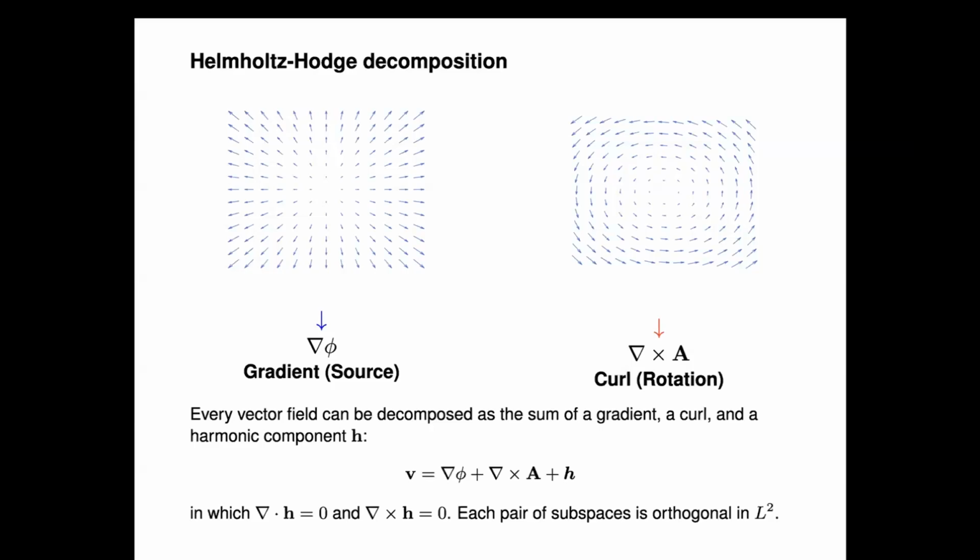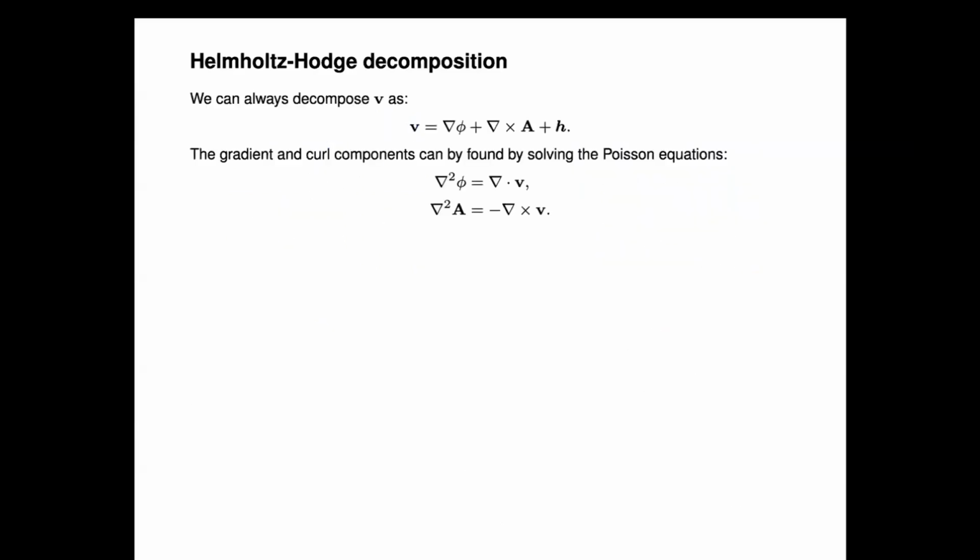Harmonic component a lot of times just winds up being 0 because of boundary conditions. And each pair of these subspaces is an orthogonal subspace with respect to the L2 inner product. So we can decompose a velocity field as a gradient plus a curl plus this harmonic component.